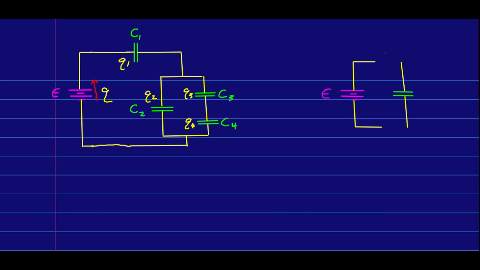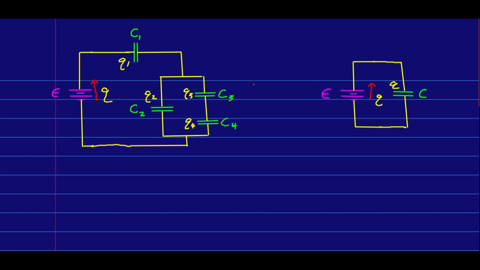Well, suppose we were instead to just have a single capacitor, so that when we connect the battery to it, we get exactly the same amount of charge flowing through the battery, and that all now ends up on that capacitor. And again, the work then done by the battery is the same as in this case.